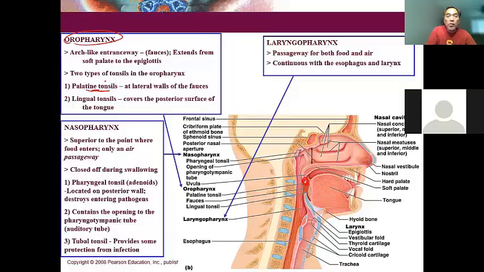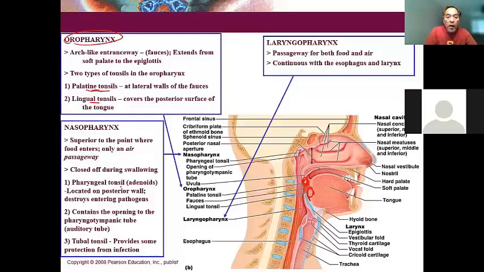When you open your mouth, you see the tonsils to the side. That is the palatine tonsils. Now, the tonsil located at the back of your tongue is aptly called the lingual tonsils. Lingual means tongue. Those are the two tonsils located in the oropharynx.